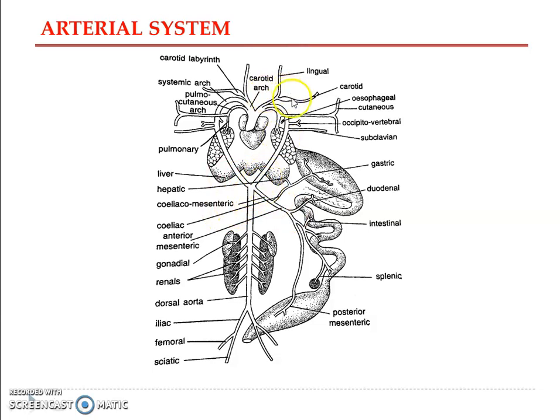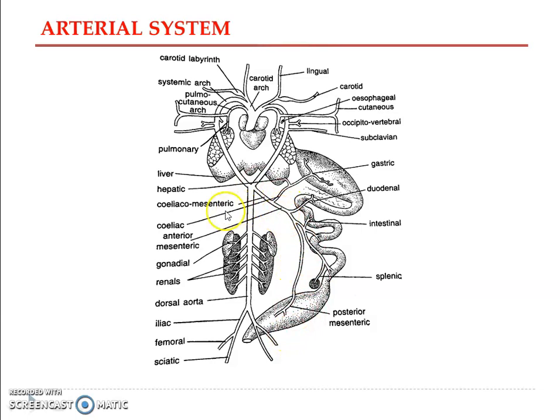So far, whatever vessels we have mentioned were all paired, but here celiaco-mesenteric is unpaired. Now, passing through the mesentery, it divides into two main branches, a small celiac, you can see. So it passes off this one along the alimentary canal.